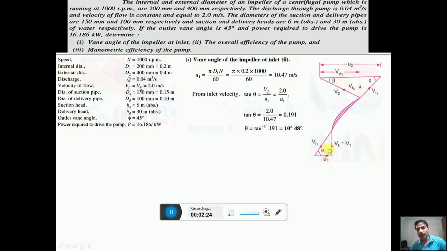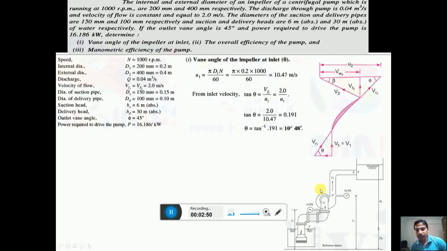So in case of radial outward flow, v1 must be perpendicular to u1, or in a better way we can say that alpha is 90 degree. So here this one angle alpha is 90 degree, or vw1 must be equal to 0, that is wheel component at inlet is 0. So we have calculated here the value of theta.